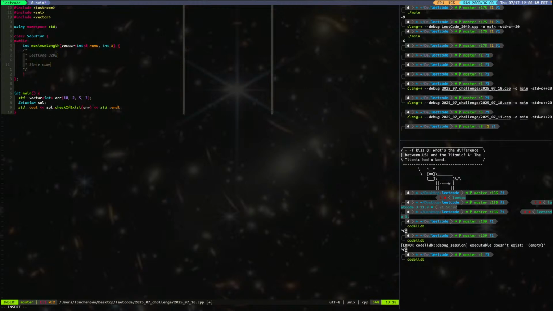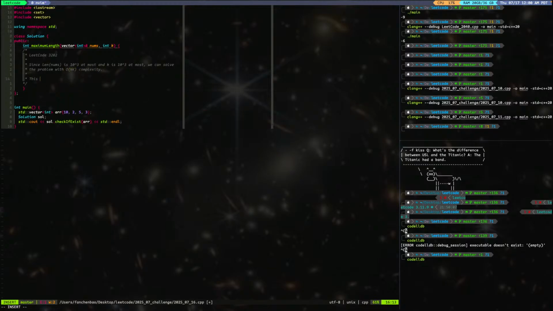Since len(nums) is 10 to the 3rd at most, and k is 10 to the 3rd at most, we can solve the problem with O(n) times k complexity. This means we go through all k possible remainders, right?